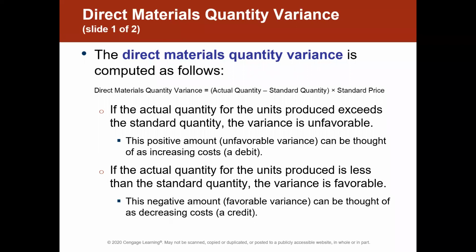So how much more or less did we use than we expected? Multiply that by the standard price to get the quantity variance. And then if we net those two together, the price variance and the quantity variance, we get the total direct materials variance. We completely explained why it's different than what we had budgeted or built into the standards.